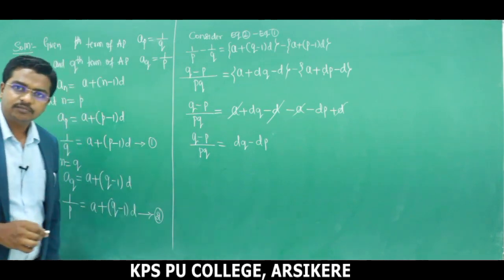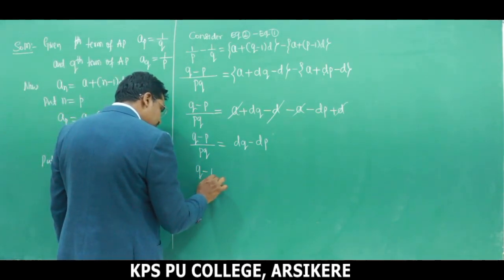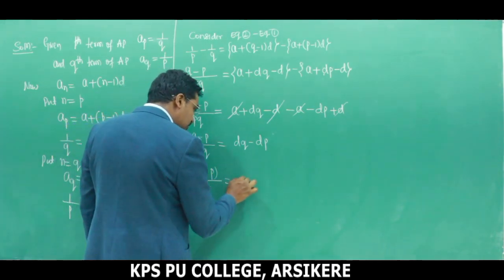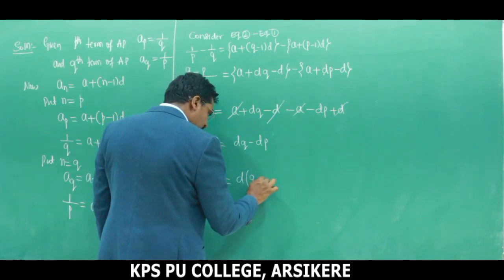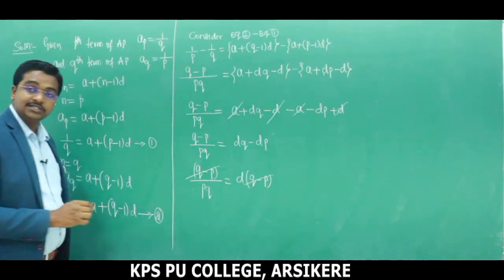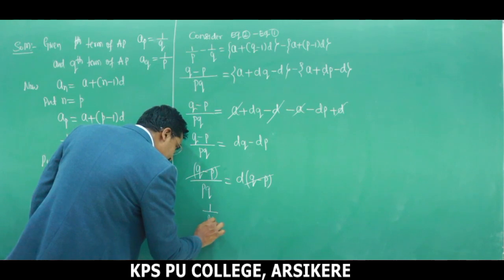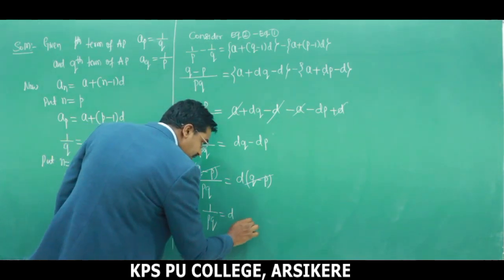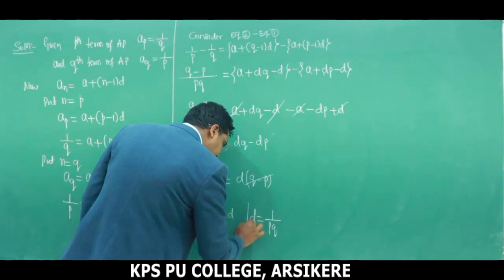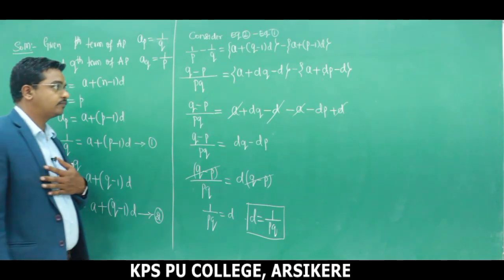D is common, take it outside: d into q minus p. Here q minus p gets cancelled. Therefore 1 divided by PQ is equal to d. The common difference is 1 divided by PQ.